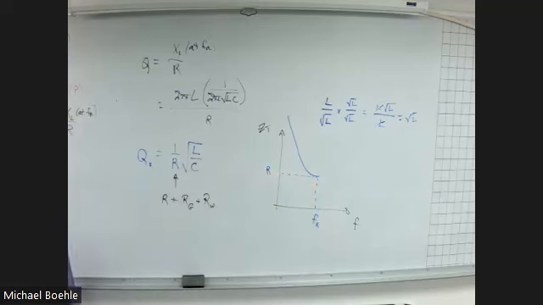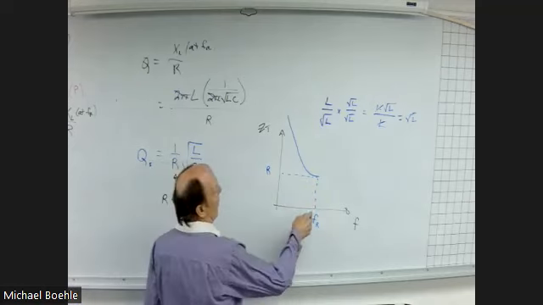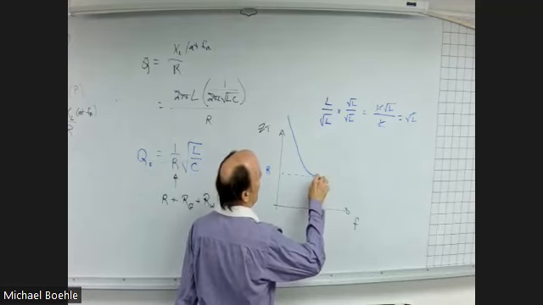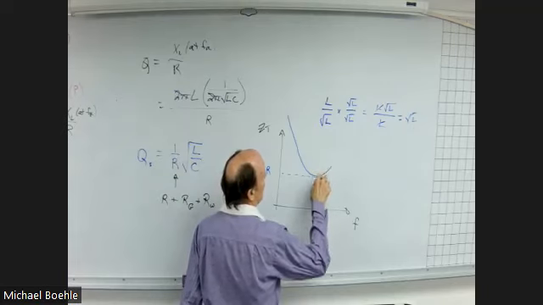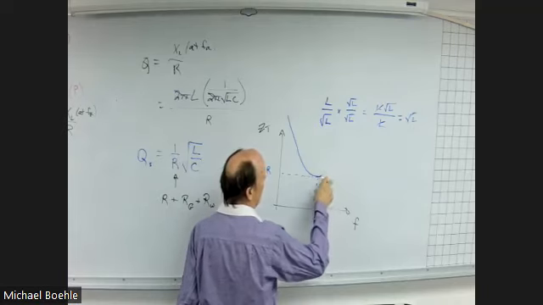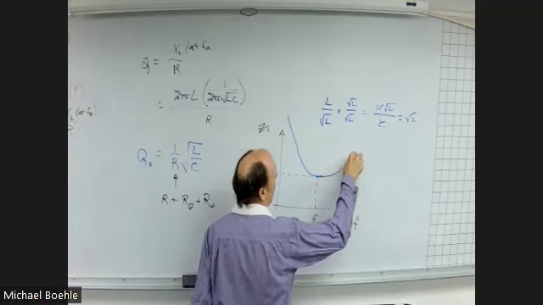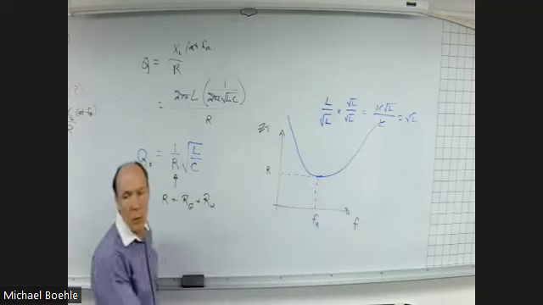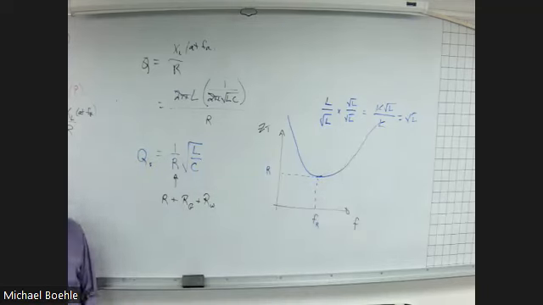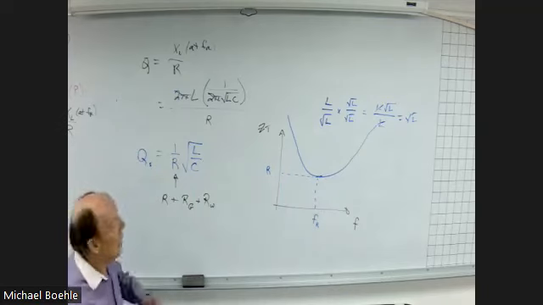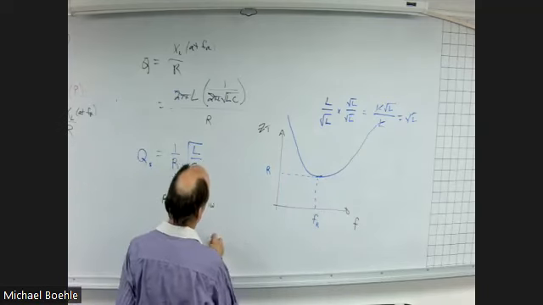R. Once I get above the resonant frequency, then the inductive reactance starts to take over, and we eventually reach a point where we're doing something. What does this mean for my current?